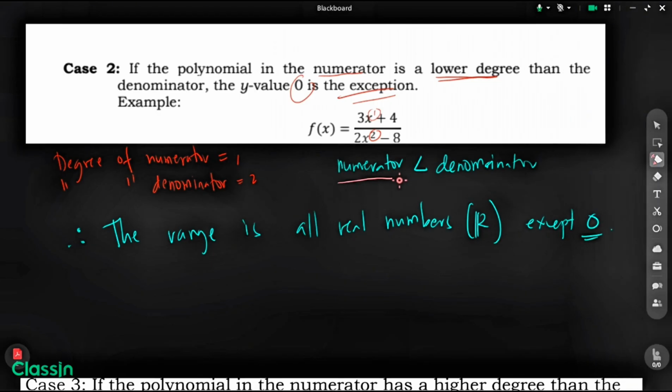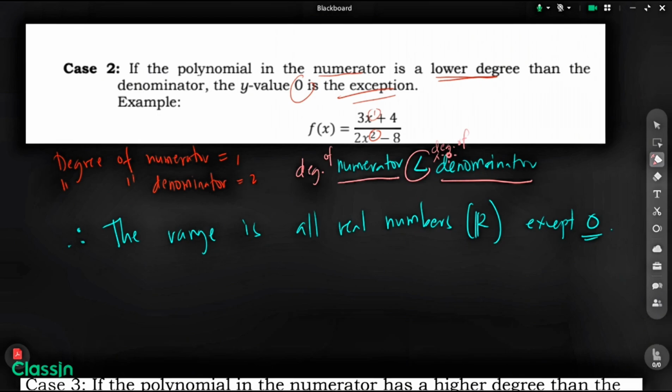Because the degree of numerator is less than the degree of denominator. The degree is the highest exponent of a variable in every term.